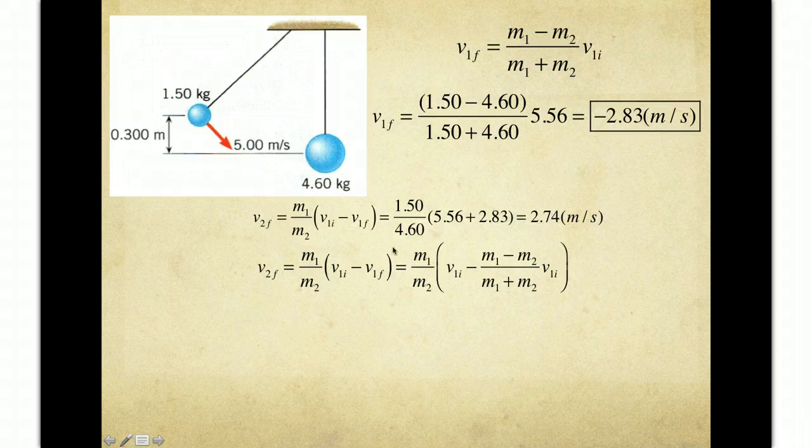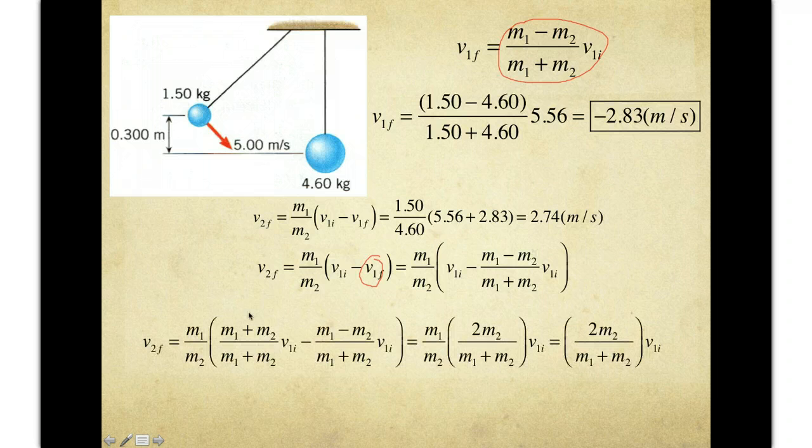The way you do it, so you have this, that came from the conservation of momentum. This we already have. So what I do is I take this right here and put it instead of that. To make sense, right? So V1 initial minus this contraction right here.